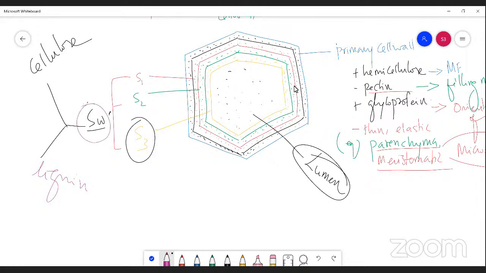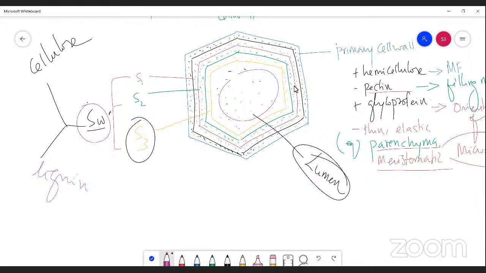Then what is the role of the secondary wall? The secondary wall gives protection to the cell lumen, the cytoplasm, and the cell organelles inside. It also determines the cell shape and the rigidity of the cell. That is the main role of the secondary cell wall.